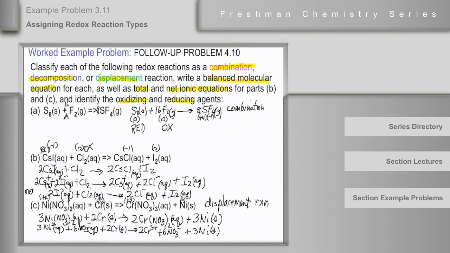The nitrates are the spectator ions. These are spectator ions because they are the same left and right.